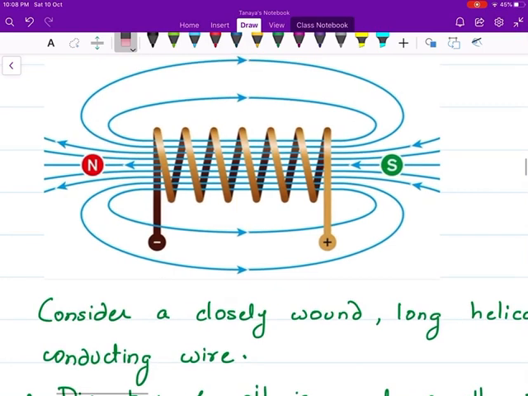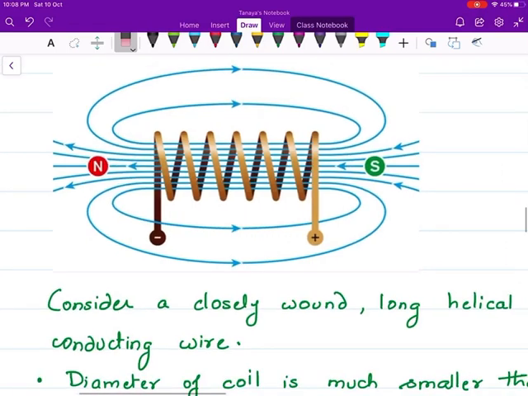So this is a typical solenoid that you would have seen earlier. What is a solenoid? A solenoid is nothing but a conducting wire which is wound in the form of coils. This is a closely wound long helical conducting wire. We can pass current through this coil.